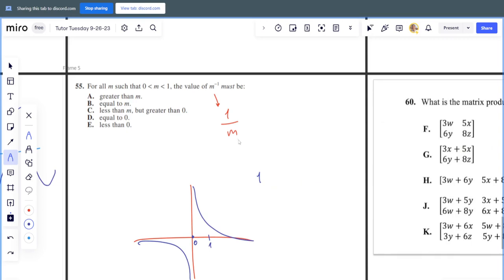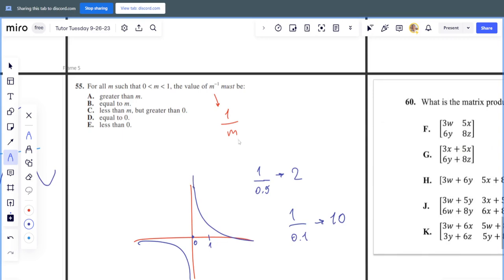Oh wait, hold on. 1 over some number between 0 and 1 makes it larger. So like 1 over 0.5 makes this equal to 2. Or like 1 over 0.1 actually equals 10. When you have these decimal values or really small fractions, putting it in the inverse actually makes it much larger.